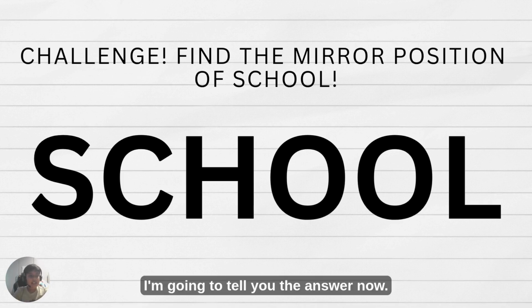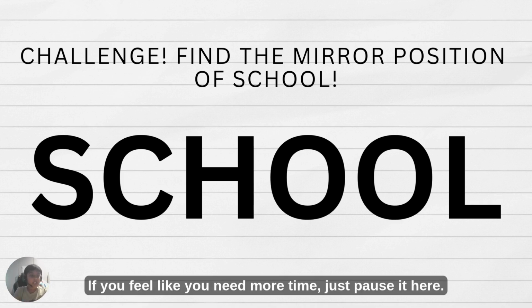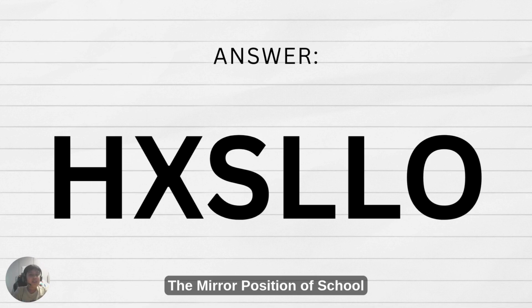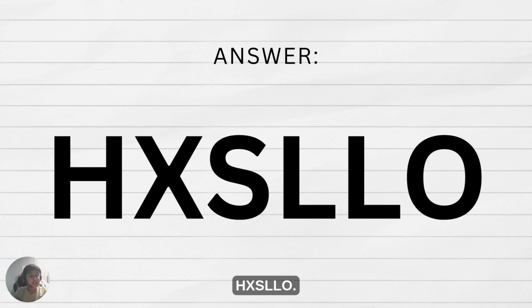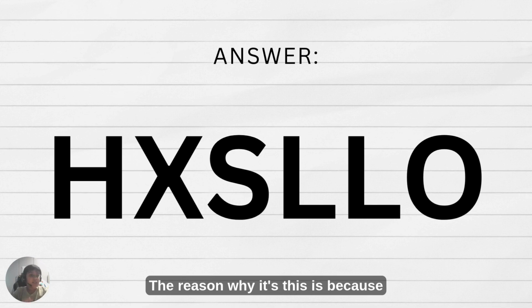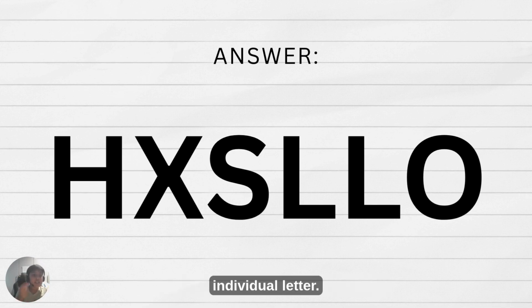I'm going to tell you the answer now. If you feel like you need more time, just pause it here. The mirror position of school is H, X, S, L, L, O. The reason why it's this is because we need to flip each individual letter.